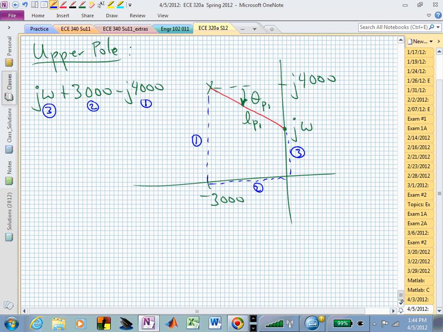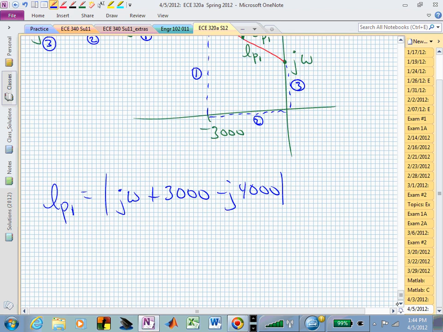So if we wanted this L sub P1, that's now the length of j omega plus 3,000 minus j 4,000, and the angle is the inverse tangent of omega minus 4,000 over 3,000.